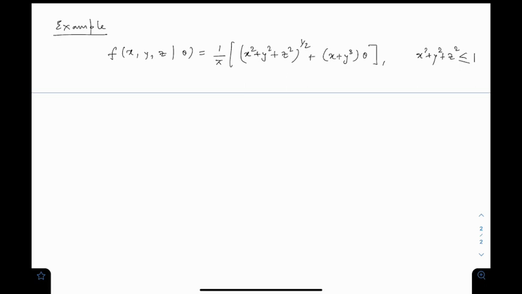So this PDF depends on 3 variates and 1 parameter. Now, for a given sample of observations in the 3D Cartesian space, we want to determine the parameter theta.